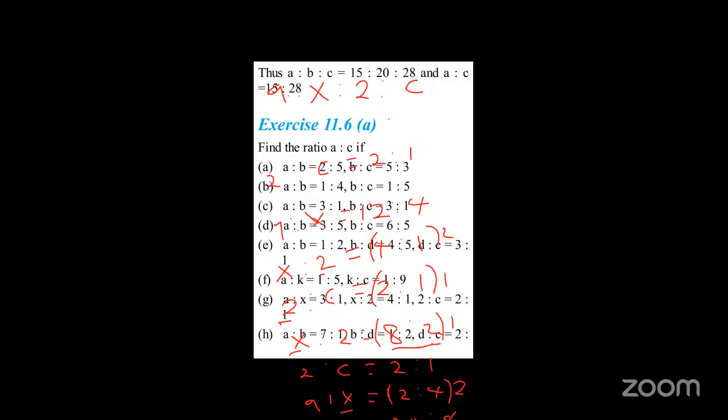Is it 12? The last one we got down here is the value of A. Is it 12? Haven't we multiplied 12 by 2, which gave us 24? So the value of A is 24.